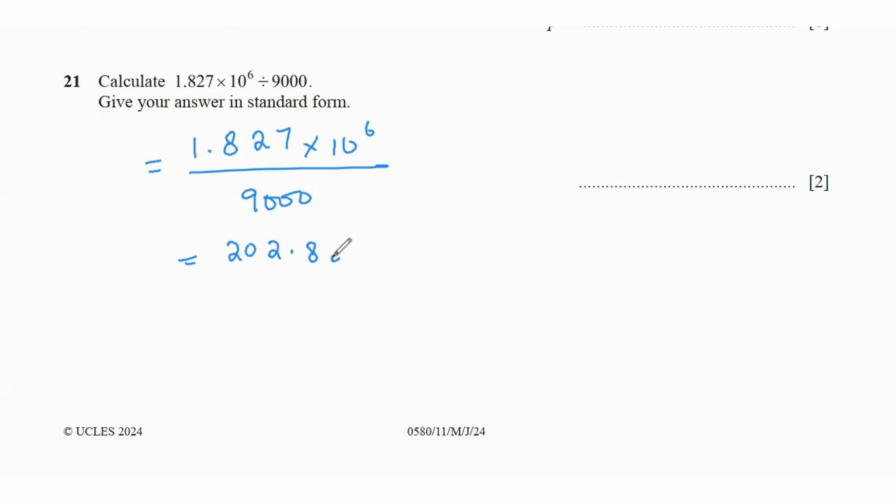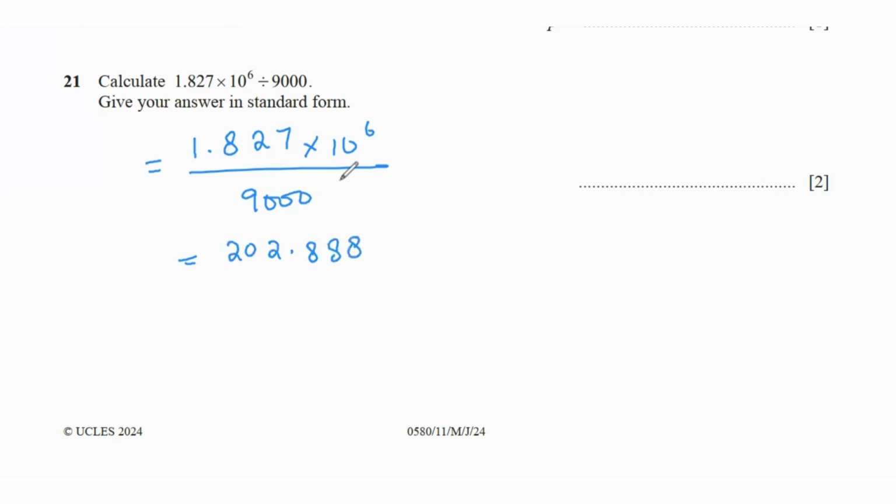Question 21 says, calculate 1.827 times 10 to the power of 6 divided by 9,000, giving your answer in standard form. So let's rewrite this as a fraction. You can just directly plug this in your calculator, and what you should be getting is 202.888.